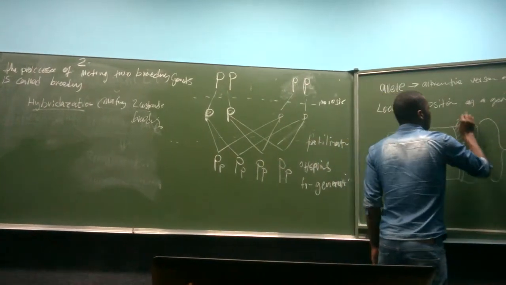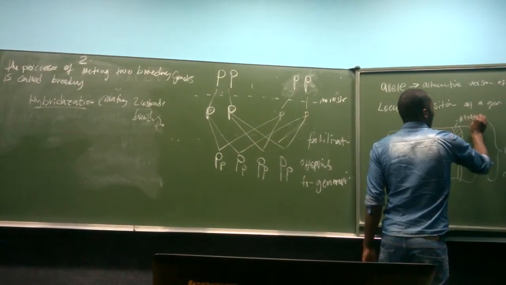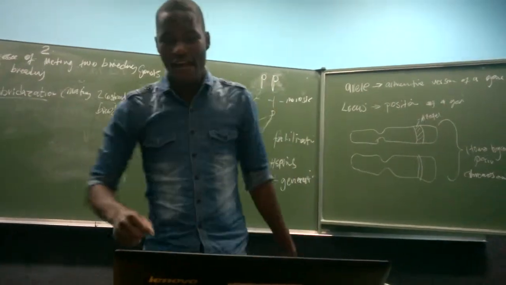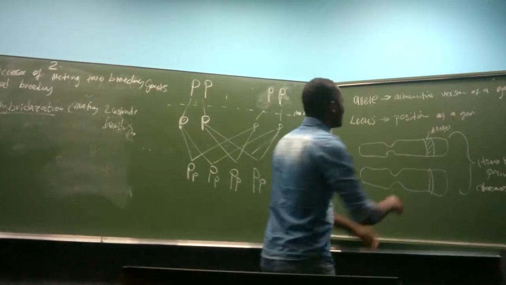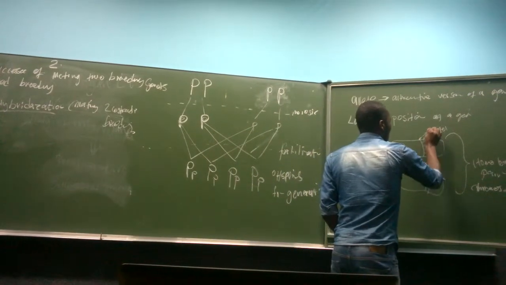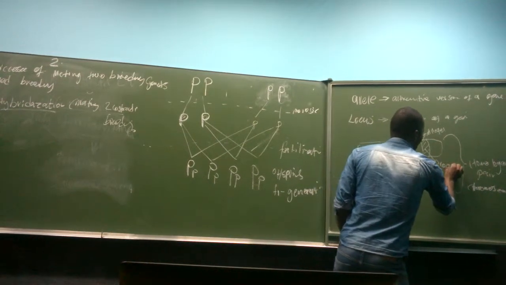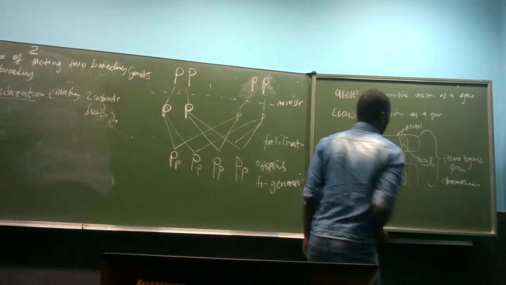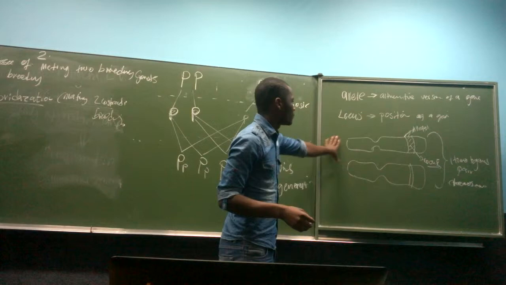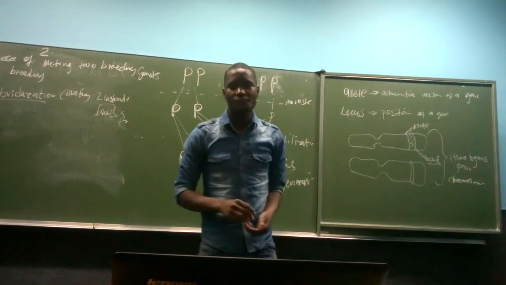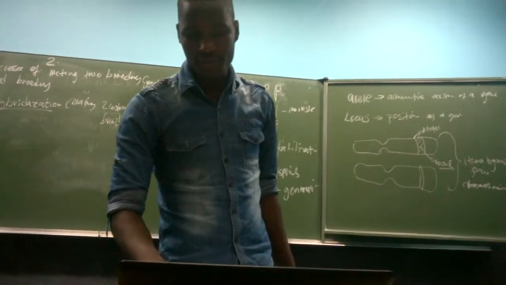This one is called an allele. These strips, and the inside one, is called a locus. I will ask you to draw this in 2 minutes. So we'll continue now.